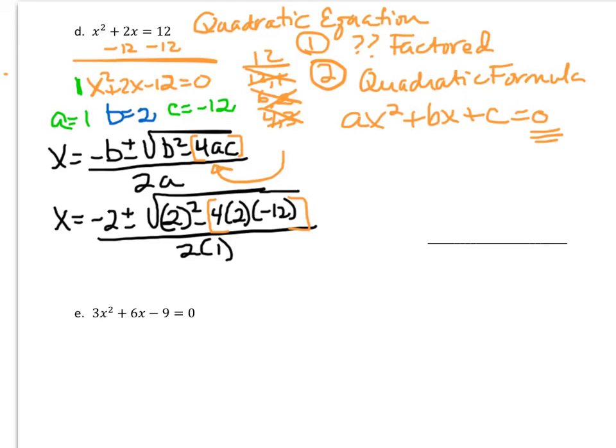So now we're back to just kind of simplifying each of these steps here. We have negative 2 plus or minus the square root of 4 take away.